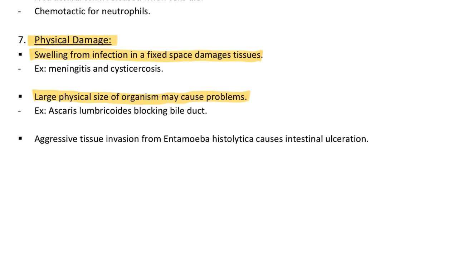For example, Ascaris lumbricoides can cause intestinal or biliary obstruction. Entamoeba histolytica ulcerates the colon and can lead to liver abscess. Cysticercosis causes brain cysts with seizures. Bacterial meningitis causes swelling that damages brain tissue due to the fixed cranial space.